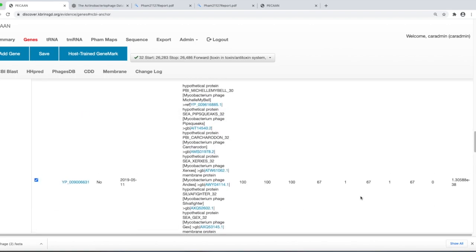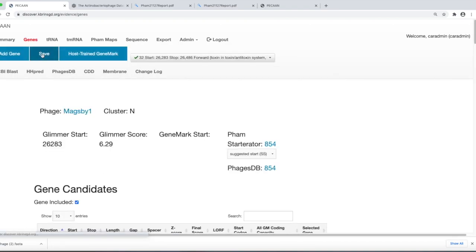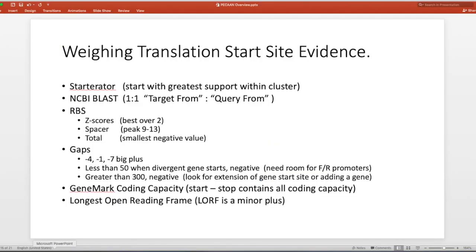Usually, if you have good Starterator support, the NCBI is 1-to-1, and this shows it is. Then look at the RBS, ribosomal binding site, the z-scores, spacer, total was all good for the longest one.